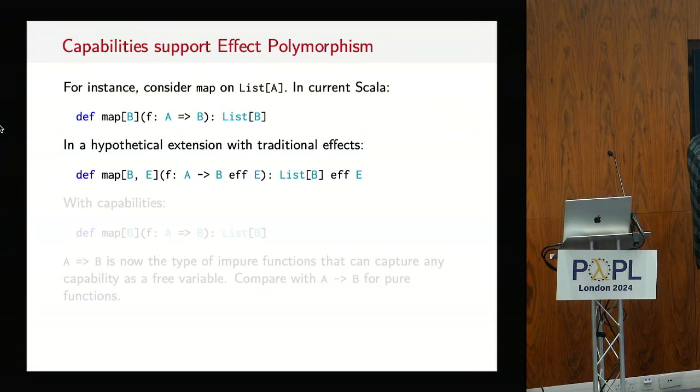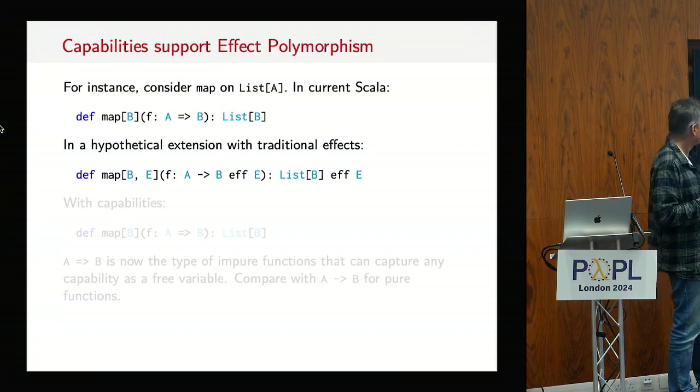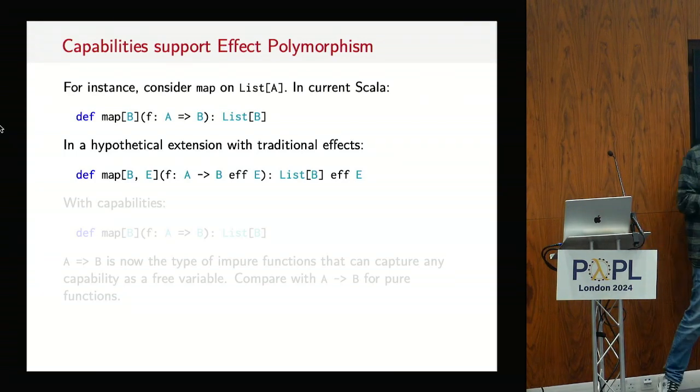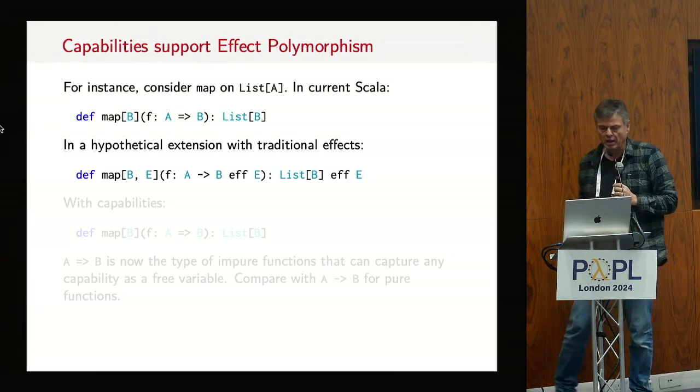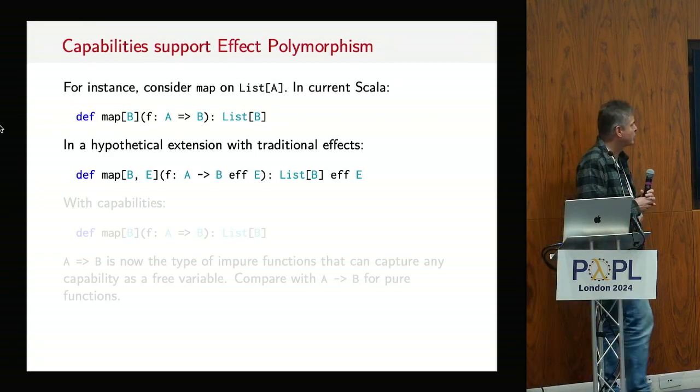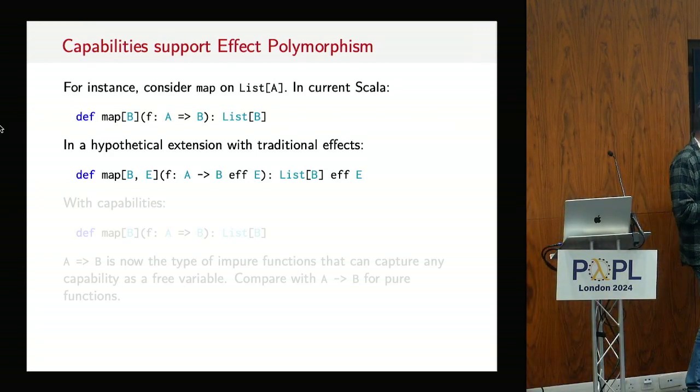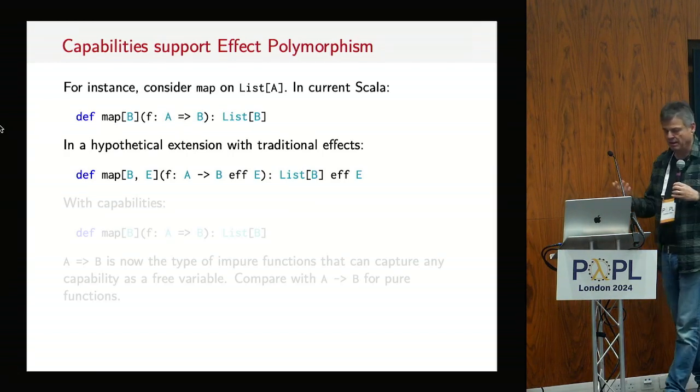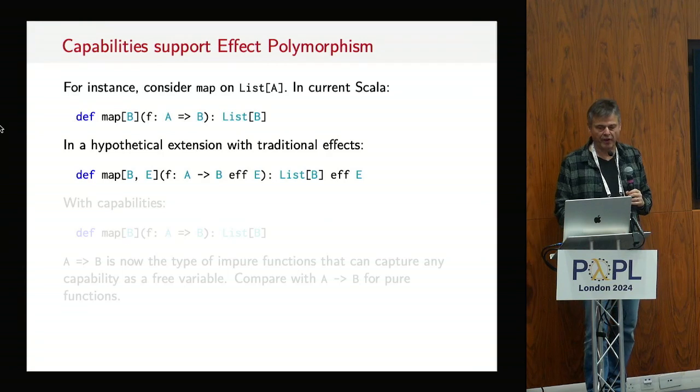We would write it like this in Scala: it's defined on lists, it takes a function from A to B, and returns a list of B. If I had a hypothetical extension of Scala with traditional effects, then somehow I would have to add an effect parameter. I would say map now takes an effect, E, and it takes a function that returns a B and has this effect, and then the effect of map is also the same effect, E.